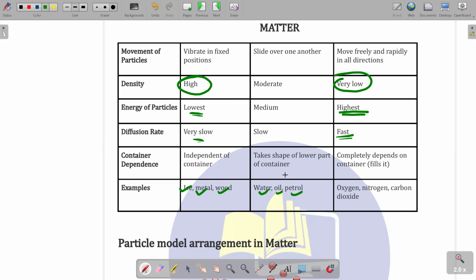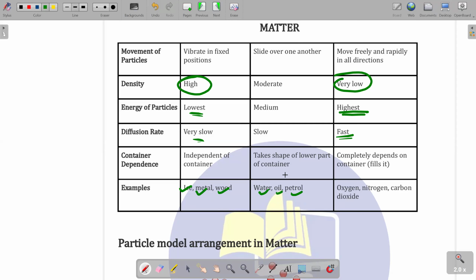Now, let's look at the kinetic theory of matter. Kinetic theory of matter talks about what matter is made of, how it moves, how its speed changes with respect to temperature, and also the forces of attraction that exist between particles.